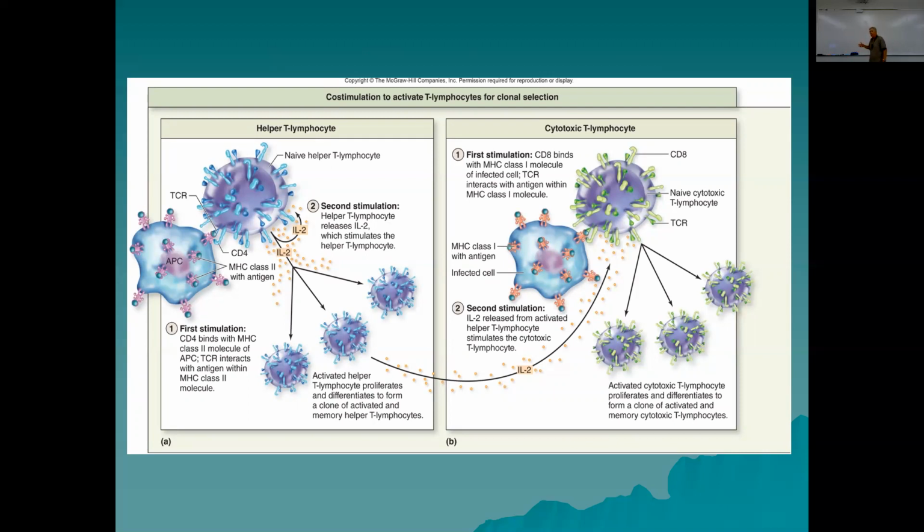Now it has to bind membrane receptors on the cytotoxic T cell, so that's the second stimulation. And then this cytotoxic T cell goes through clonal selection, makes a clone of itself, and is ready to go out and fight and kill these cells.